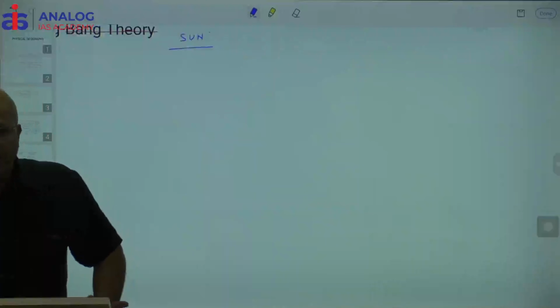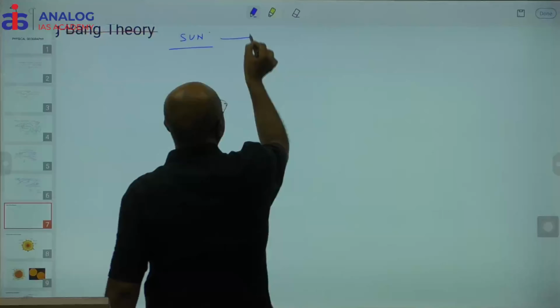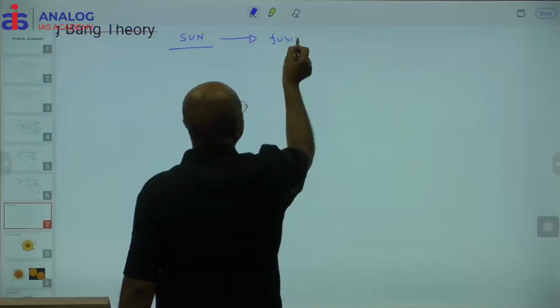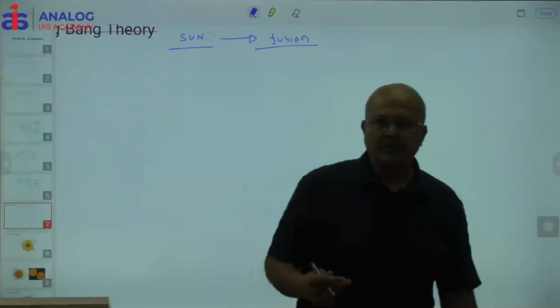The Sun is a star of the solar system. In the Sun we find a process called nuclear fusion.